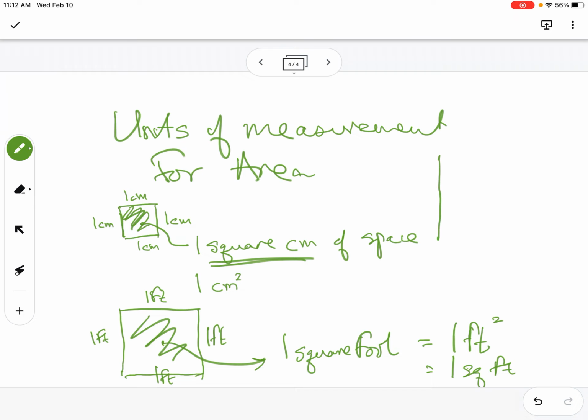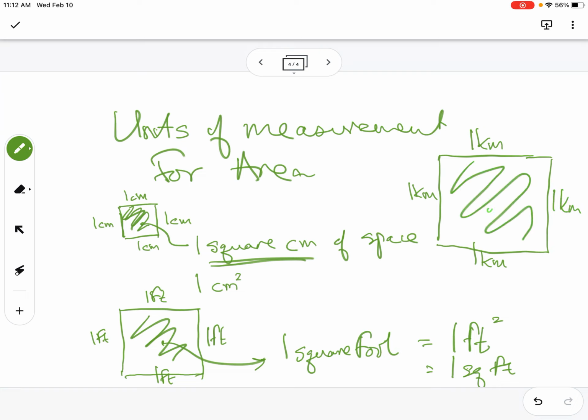So we might want to use a square that is 1 kilometer big on every side. 1 kilometer, 1 kilometer, 1 kilometer, and the amount of space that that square would cover would be 1, and the shape again, square, and the size of the square, kilometer. 1 square kilometer. There. So that's how we talk about units of measurement for area.